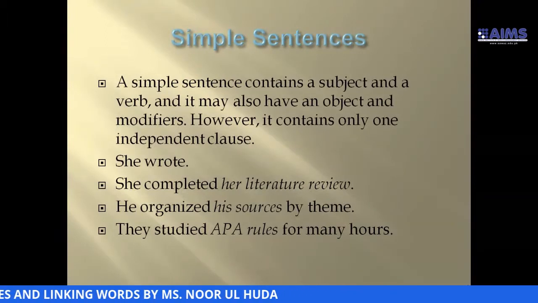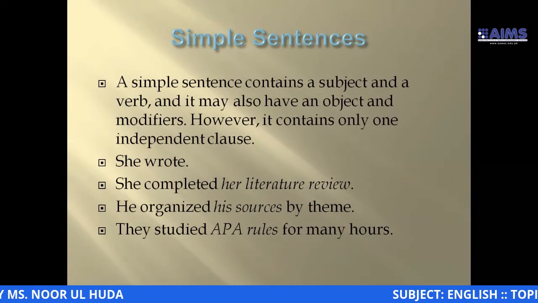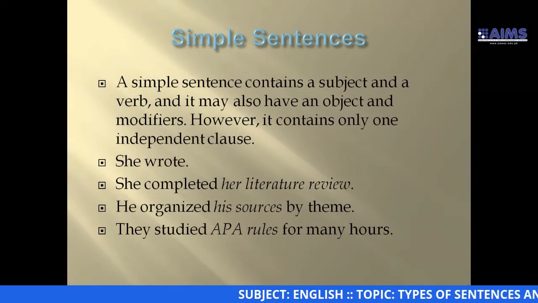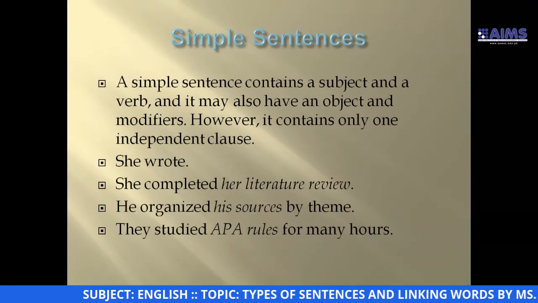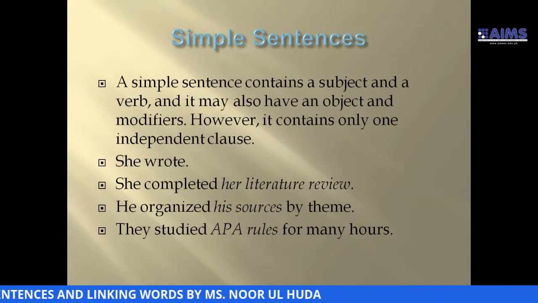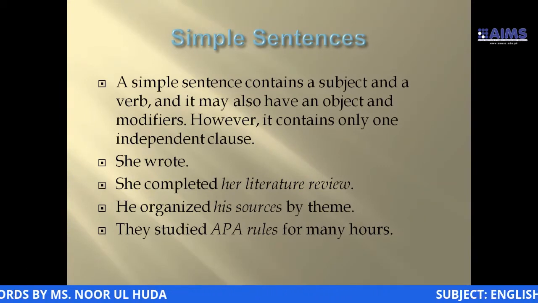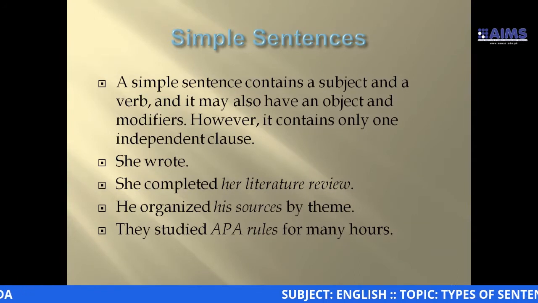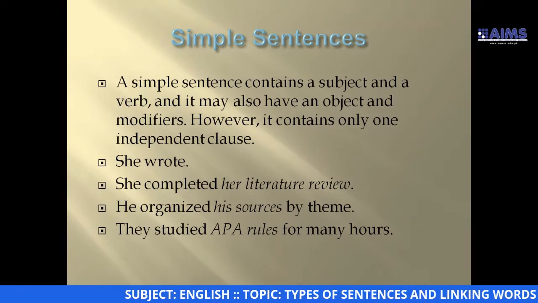Okay, now how can we compose simple sentences? A simple sentence contains a subject and a verb, and it may also have an object and modifiers. However, it contains only one independent clause. So we cannot say that if we merge two independent clauses, they can form a simple sentence.